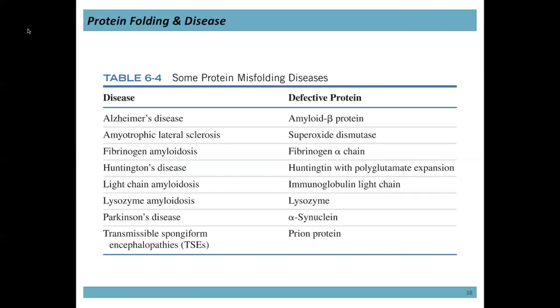Alzheimer's disease is caused by the defective amyloid beta protein. ALS, or Lou Gehrig's disease, involves the defective protein superoxide dismutase that aggregates into these fibers, and you can see the other ones down there. These proteins misfold, and as they misfold, they tend to aggregate together.